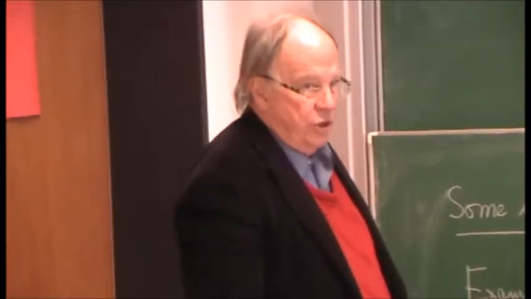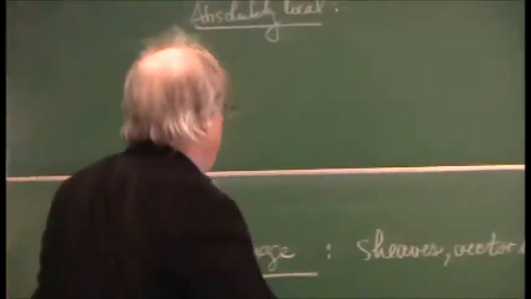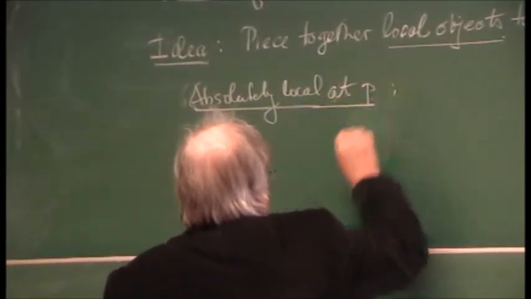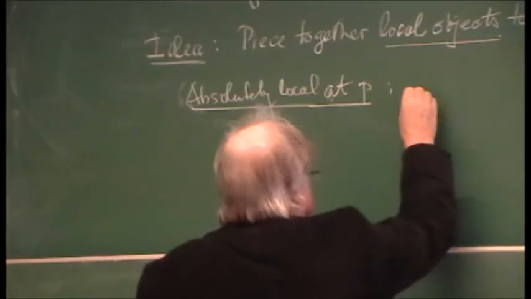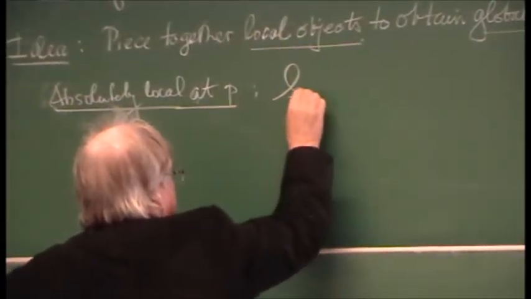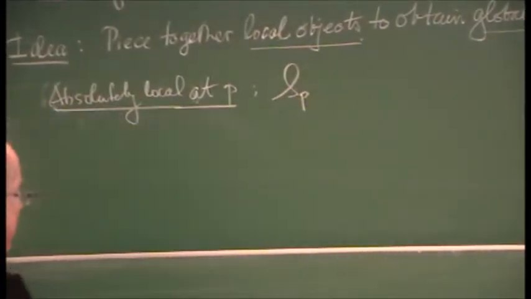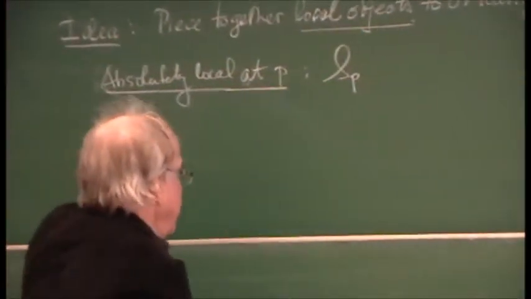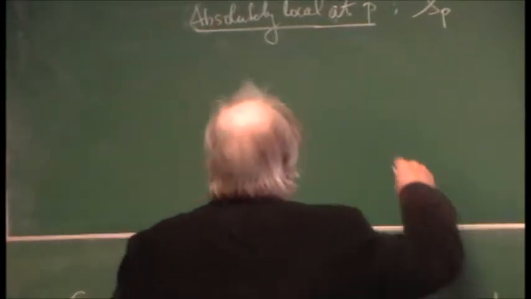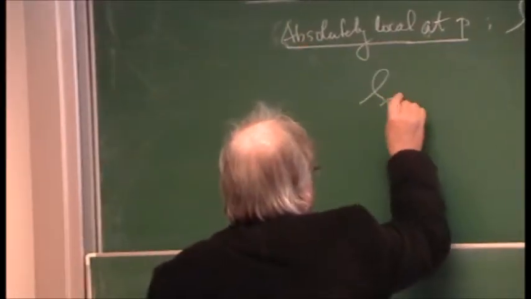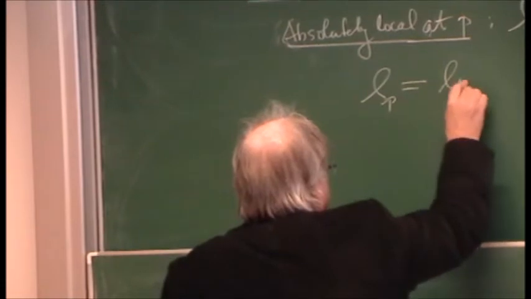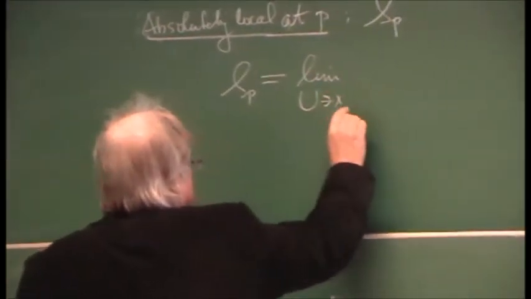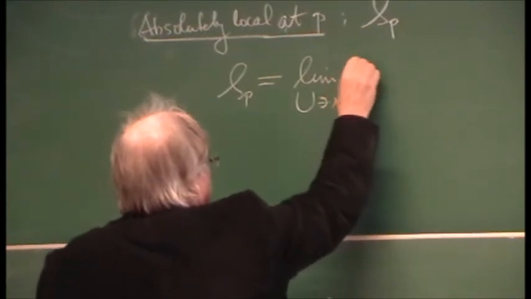Absolutely local is the germs at a point. Absolutely local at a point, we often write this in calligraphic S at a point. And what that is, you have to tell me because I don't know this notation, but I think it's the inverse limit. So with U containing x of S of U.